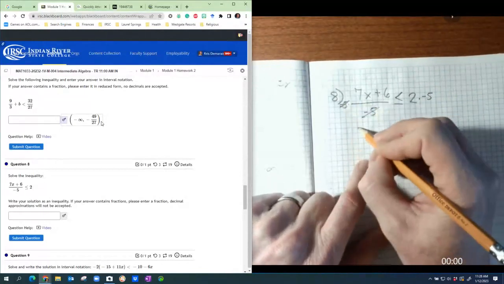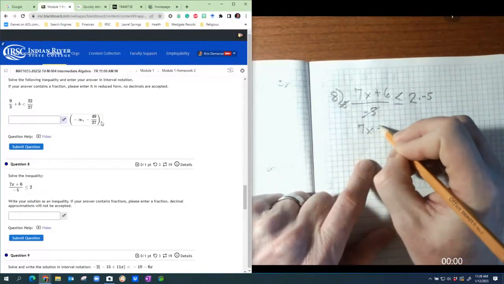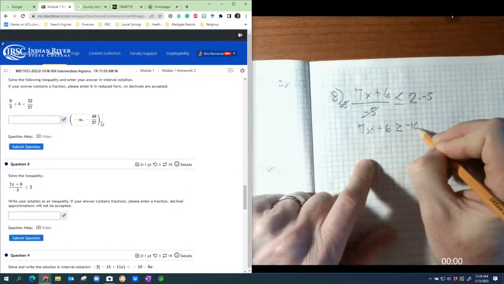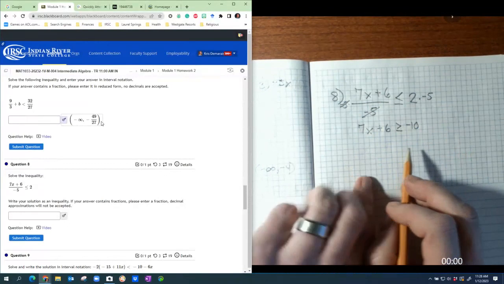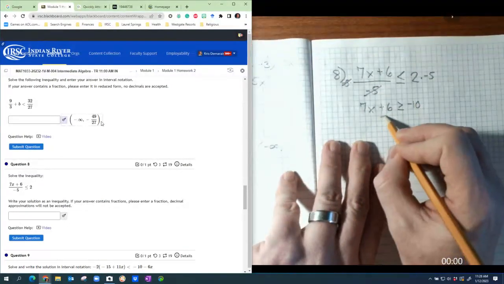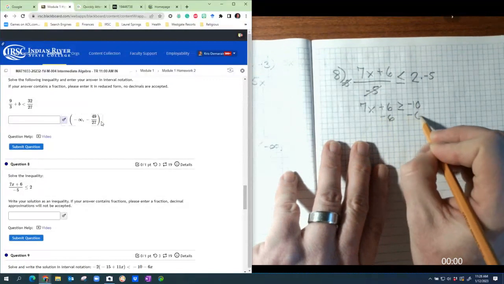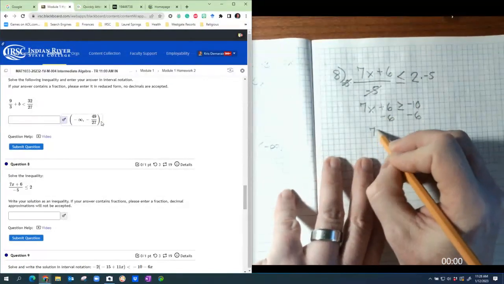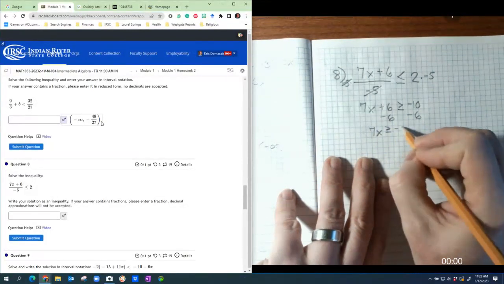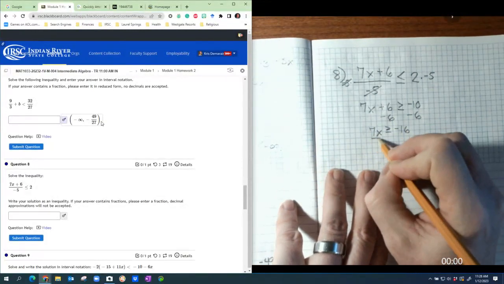Anytime I multiply by a negative, I have to switch my inequality sign at the same time. So I just did that. Now I'm going to subtract 6 from both sides, and then divide both sides by 7.